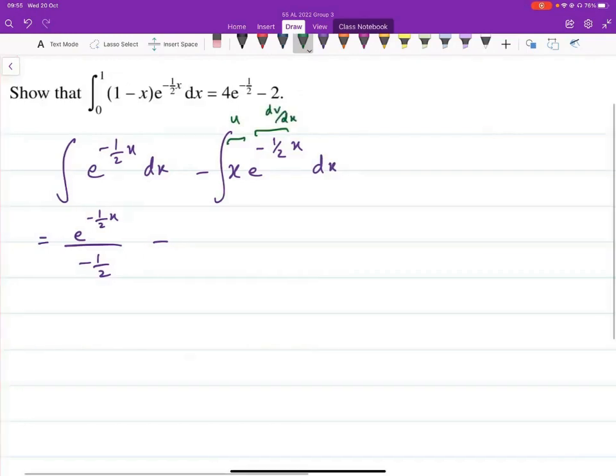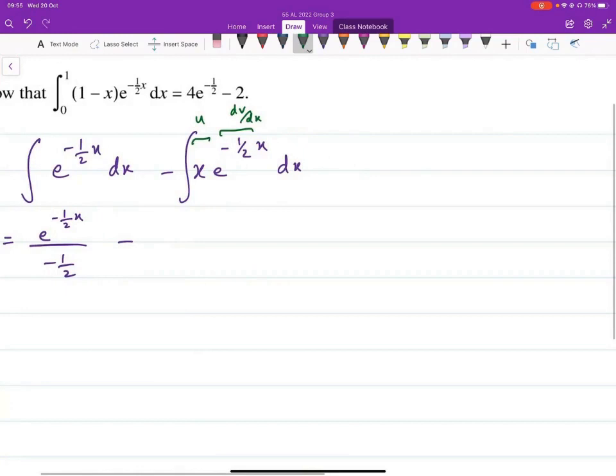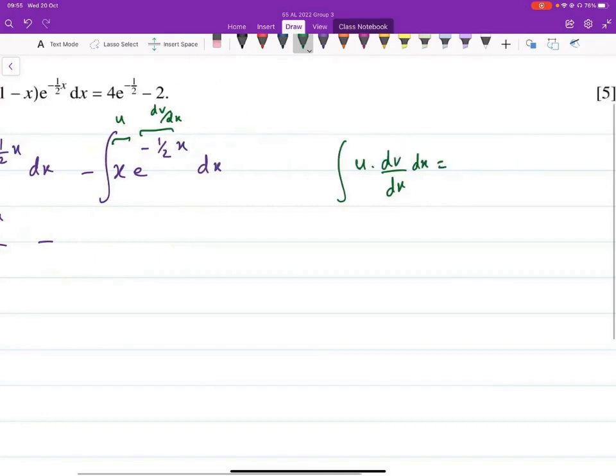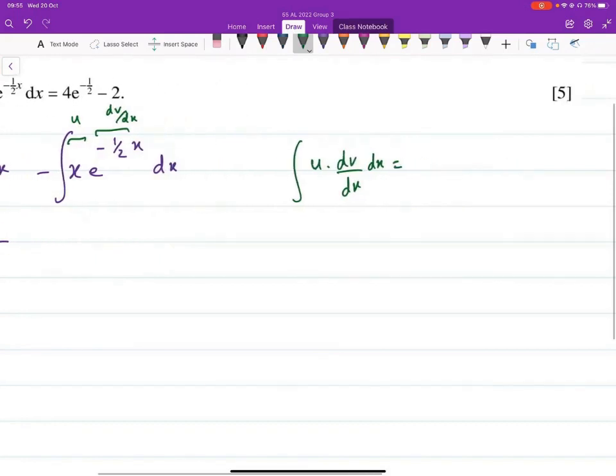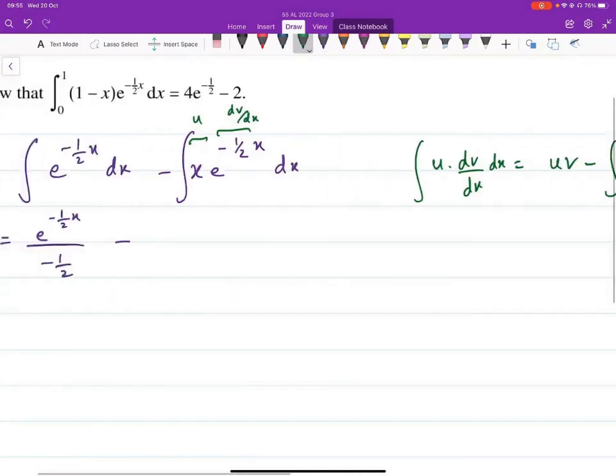I'm going to write down the formula here on the side as well. So we have u into dv over dx. The integral of that is given by uv minus integral of v du over dx. Okay, now let's input values there.